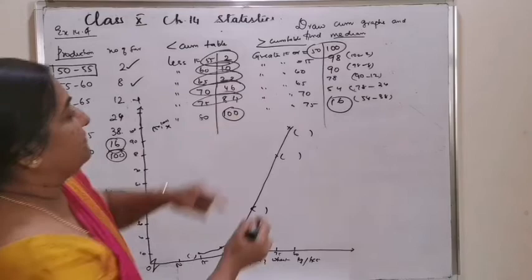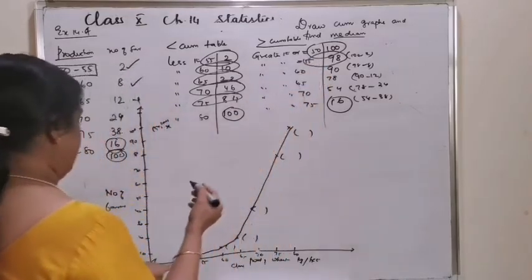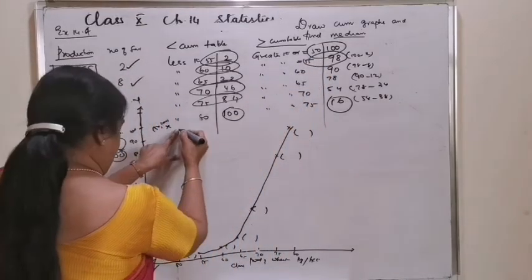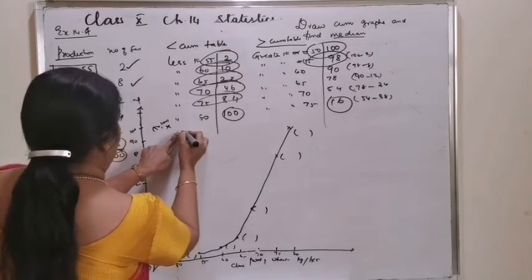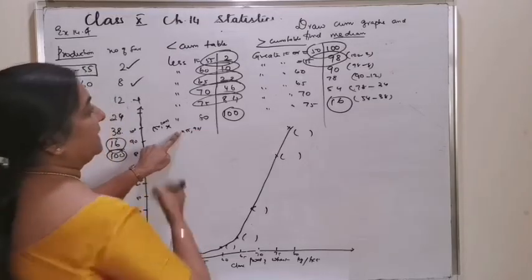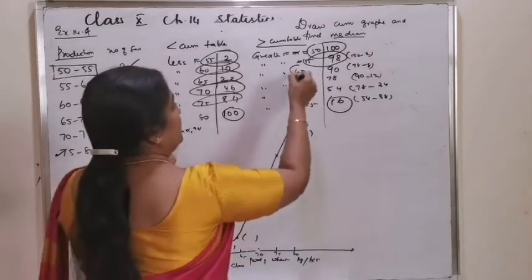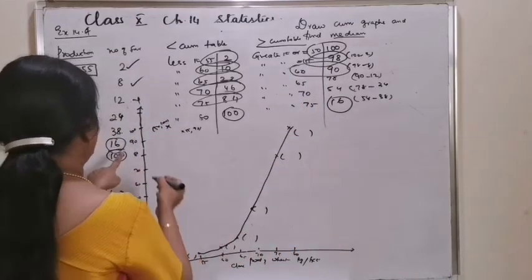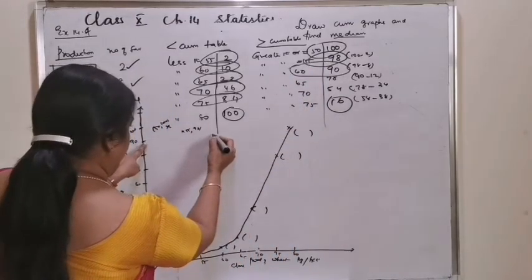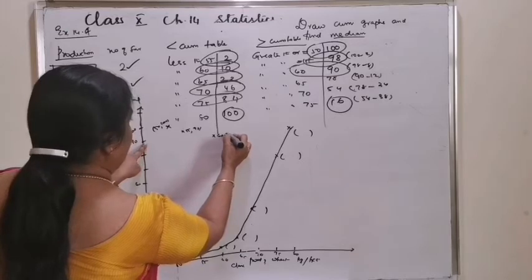The next is 55, 98. 55 with 98, close by. 60, 90.